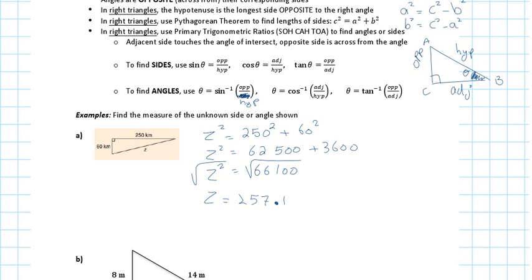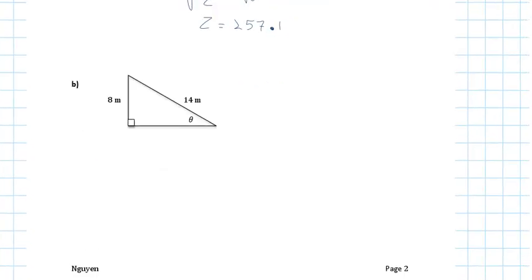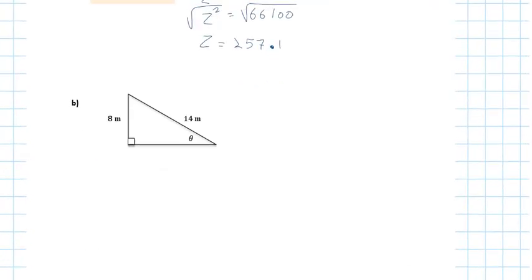All right, let's get this question out of the way and let's call it a weekend. I'm looking for angle theta. So first of all, I have to name my triangle and label my sides. This is my angle of interest.